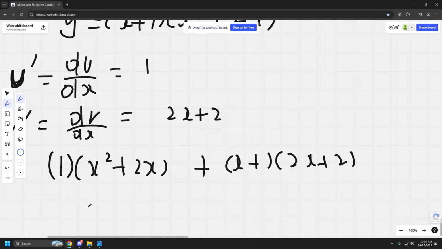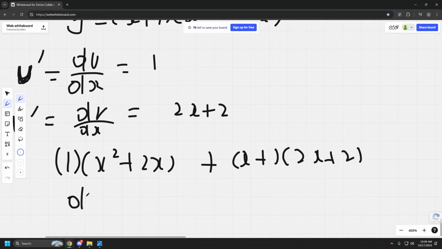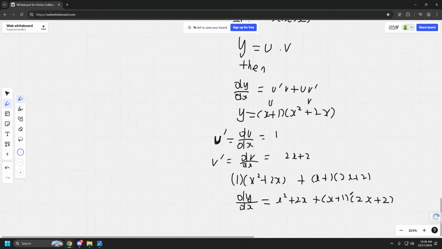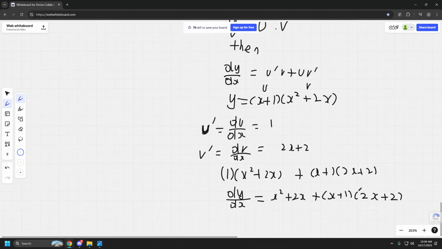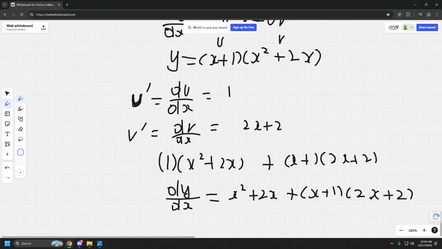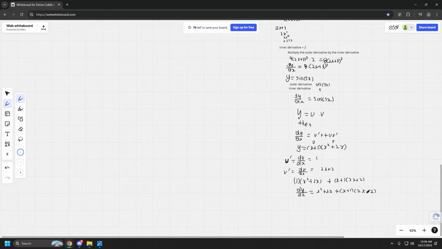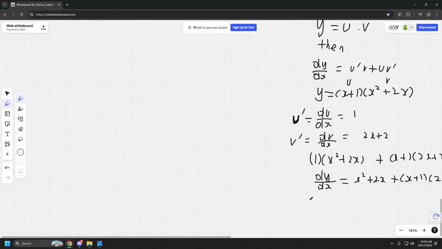You can simplify, but just know the answer would be x squared plus 2x plus (x plus 1)(2x plus 2). You can simplify if you want. Actually, if you're in an exam, try to simplify as much as possible. Okay.